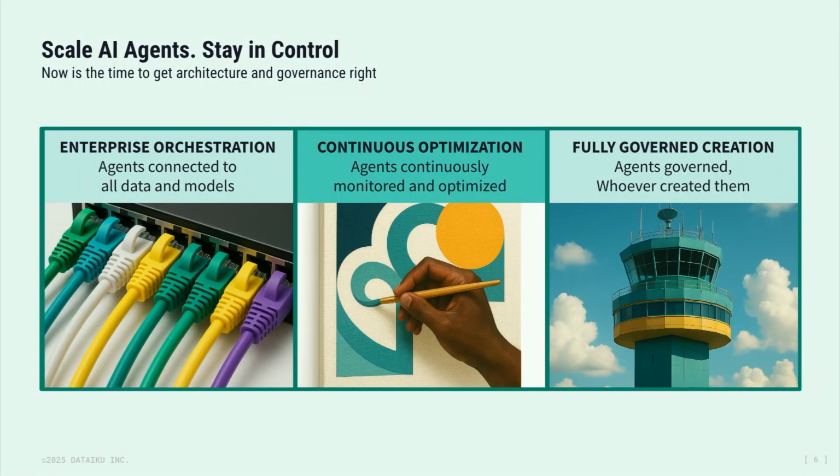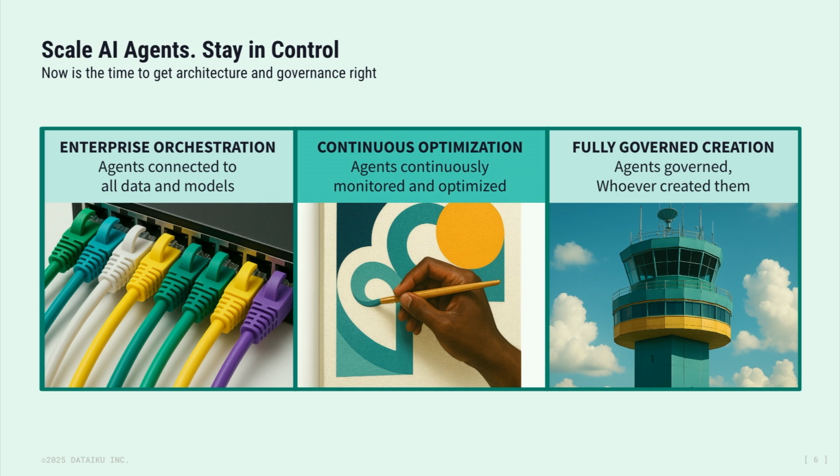So the way that we can solve for this in Dataiku is to apply the enterprise orchestration that we've already had from the ground up in our platform to allow these agents to be connected to the approved data and models within your existing systems. Along with that, allowing for continuous optimization of these agents such that they're closely monitored and configured over time to ensure their performance is maintained.